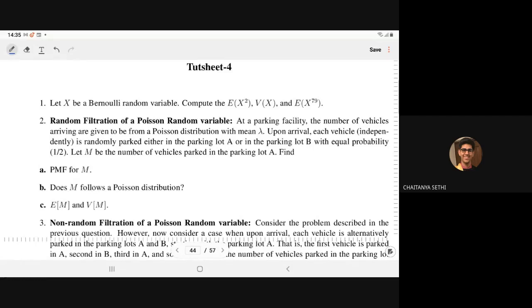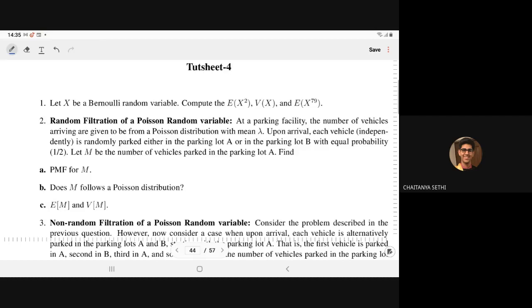At a parking facility, the number of vehicles arriving is given to be from a Poisson distribution with mean lambda. Upon arrival, each vehicle is independently and randomly parked either in parking lot A or in parking lot B with equal probability half. Let M be the number of vehicles parked in parking lot A.